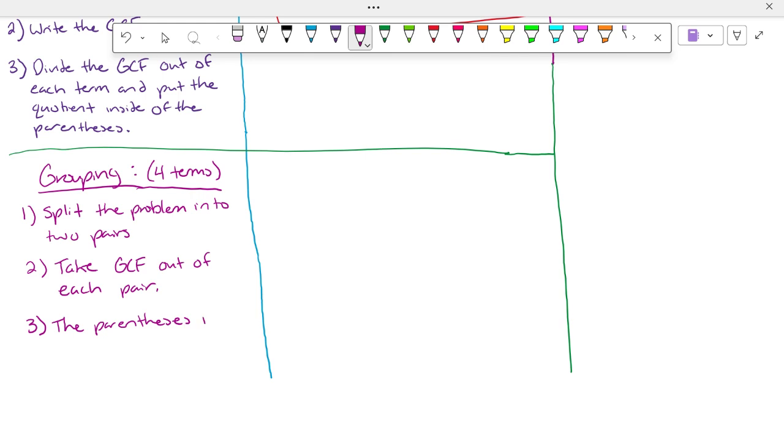The parentheses will match. So I would highlight that. They need to match. And then pull this out of the problem like a common factor.